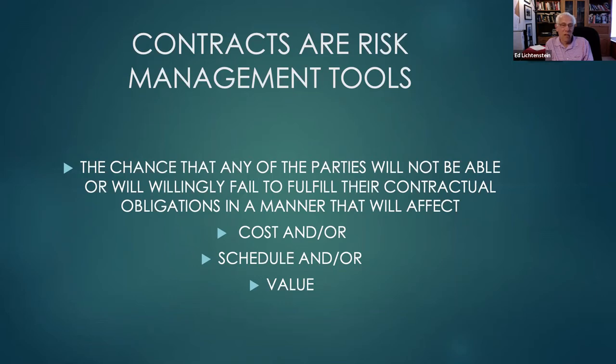In almost every contract I've signed or negotiated, we build in float. We build in that extra time just to make sure that we can do it. Or we do something else that will help us curtail the risk. So what you're doing is using the contract so that if there's a failure that affects the cost or the schedule or the value of what's being bought or what's being provided, you're covered.